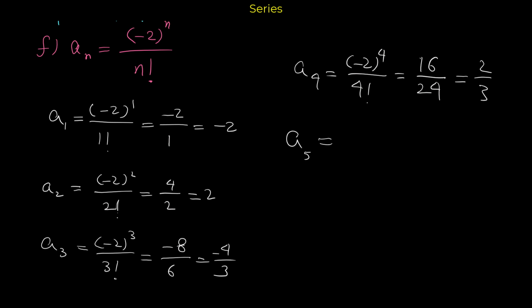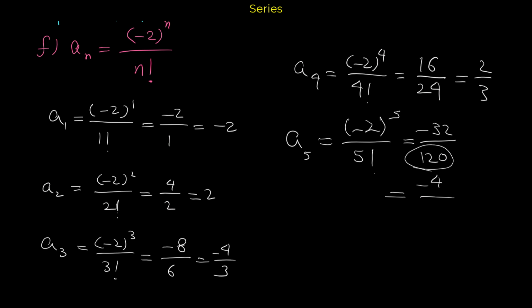The fifth term is (-2)^5 over 5 factorial, and it's -32 over 120. You can simplify top and bottom by 8 again, and it's -4 over 15. Look at the terms. They gradually get smaller and smaller.